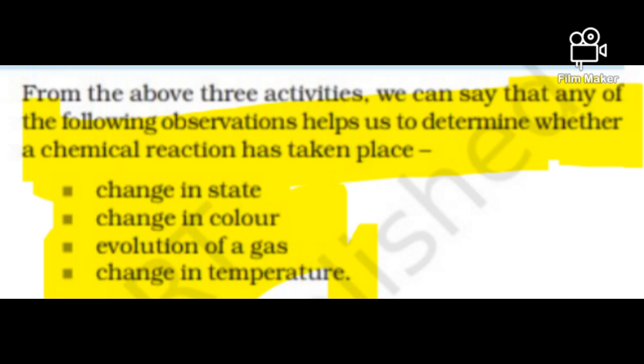I must tell you that these are the observations for a chemical change. These are not the conditions that whenever this happens a chemical change happens, but yes, it is the other way around. Whenever a chemical change happens, there will be a change in either the state or the color of the substance, or there will be a change in temperature, or there will be an evolution of gas.